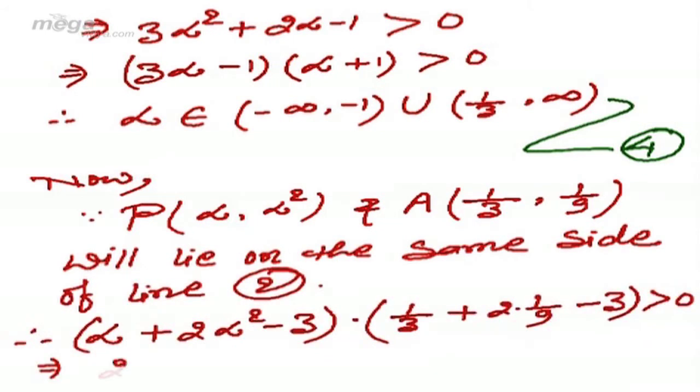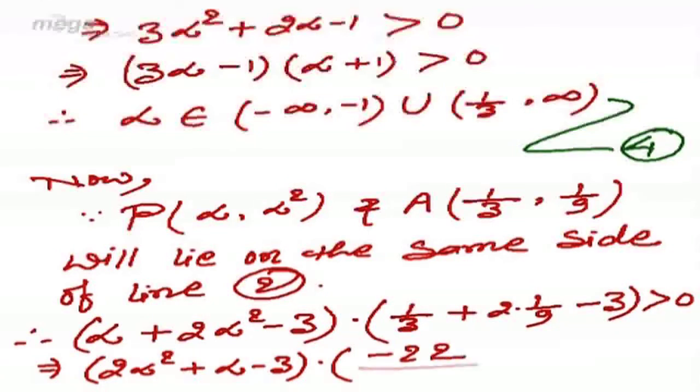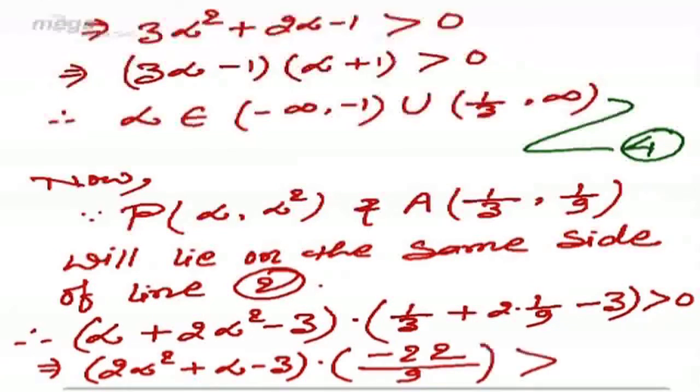Hence we get here 2 alpha square plus alpha minus 3 into, after simplification, minus 22 upon 9 is greater than 0. Hence, 2 alpha square plus alpha minus 3 will be less than 0. Now, we will factorize this one.